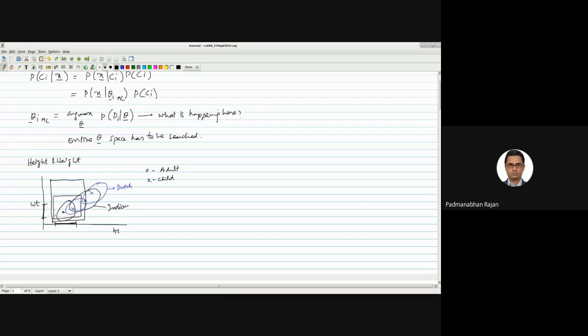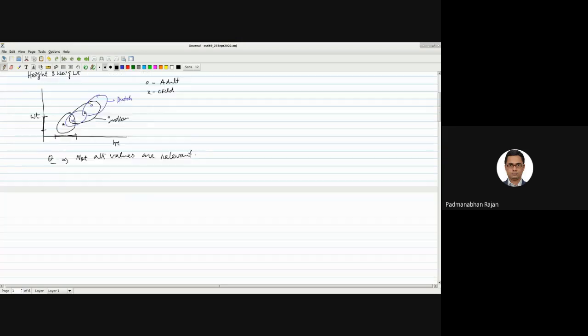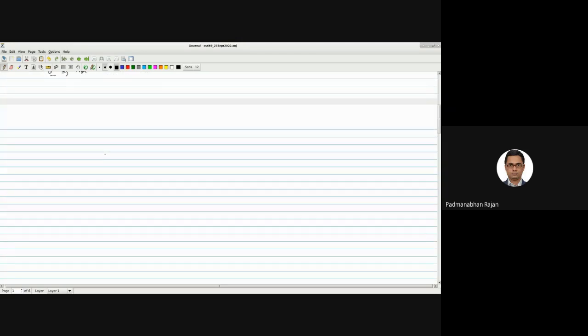So basically, what I'm trying to say is that not all values of theta are relevant in most cases. So instead of this maximum likelihood estimate, we will look at another estimate called the MAP estimate, which takes this into account.